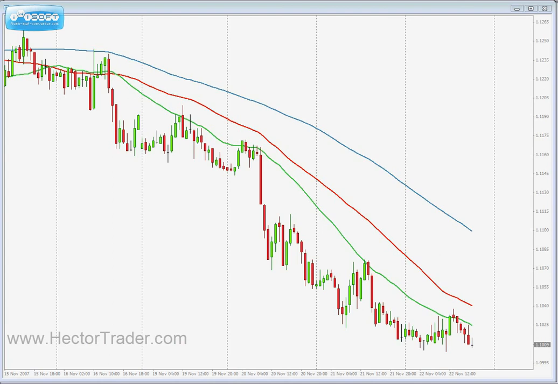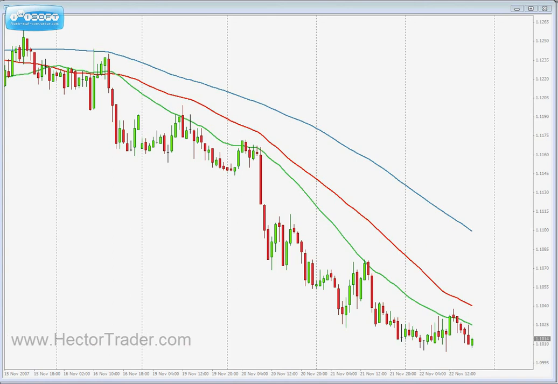Most of the time in trending markets, once we've determined that we are in a trending scenario, most of the swings, at least in a healthy trend, are contained, or let's say they bounce off this area between the 30 and the 50 moving average.